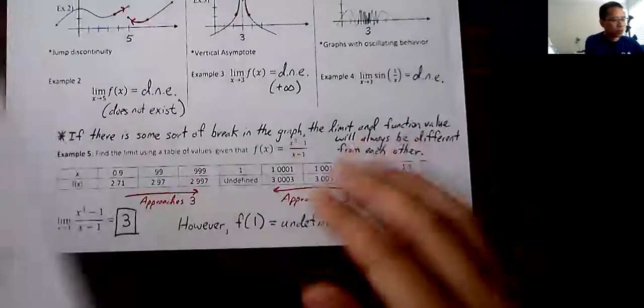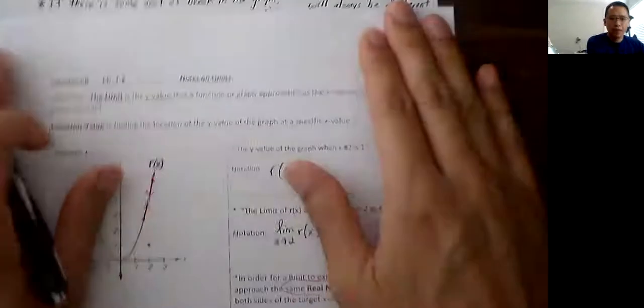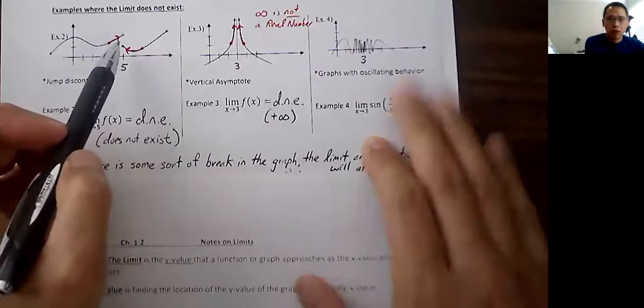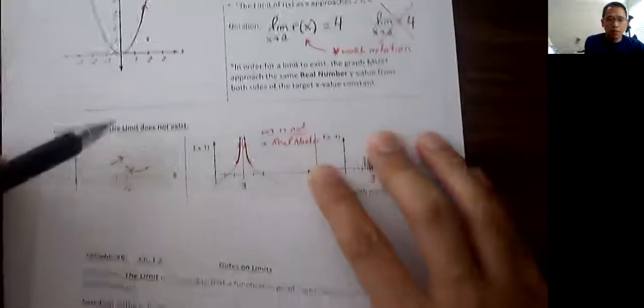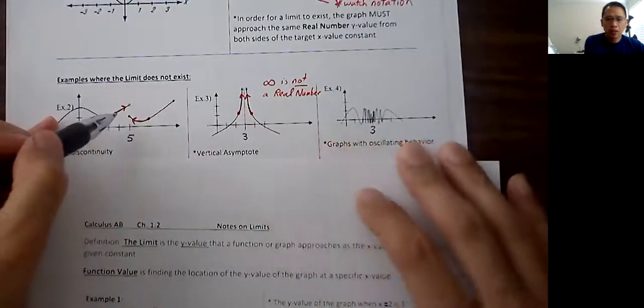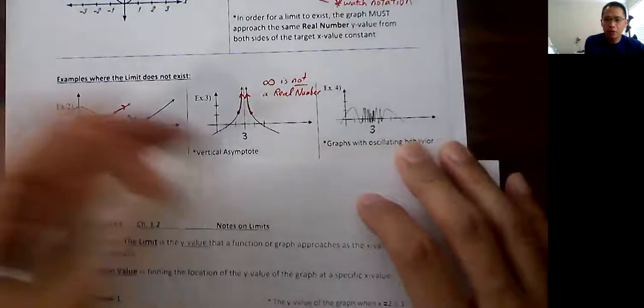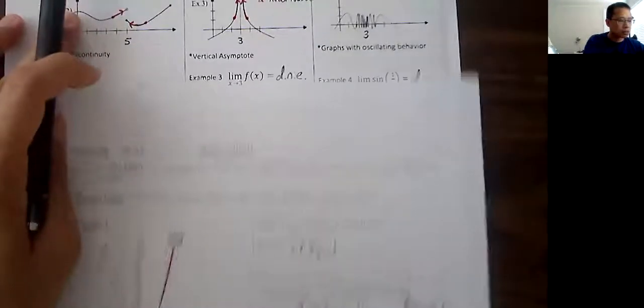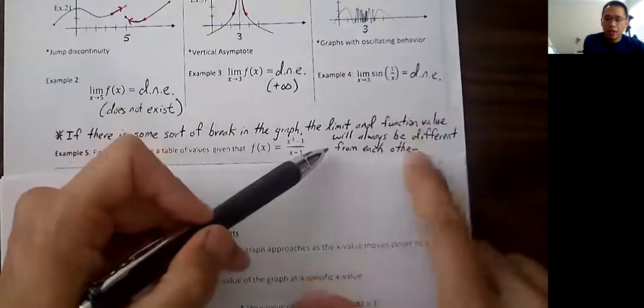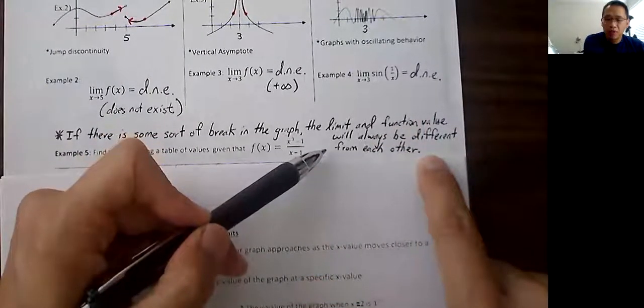Okay, just some additional notes here that I want to point out. If there is some sort of a break in the graph, such as a hole, a non-removable discontinuity, a jump discontinuity, a vertical asymptote, we can guarantee that our limit and function value will always disagree with each other, will always be different from each other.